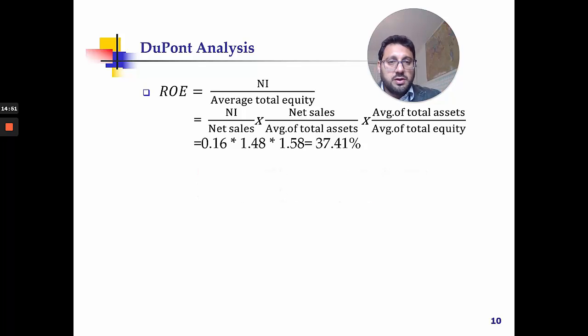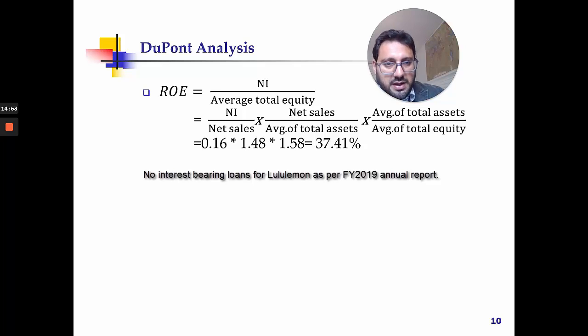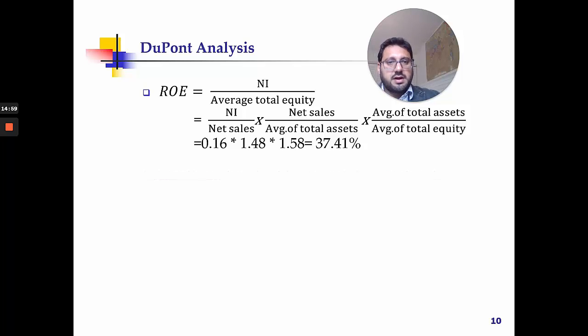We know there are no interest bearing loans over there, but there are short-term creditors as well, and there are different other creditors who are financing the total assets. And ROE is 37.41% in this case.